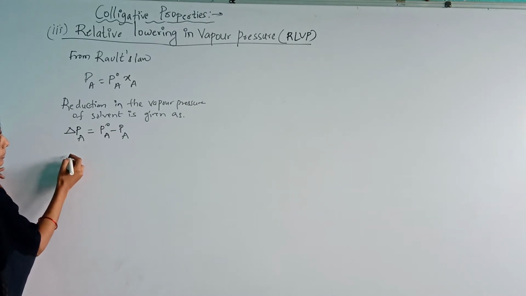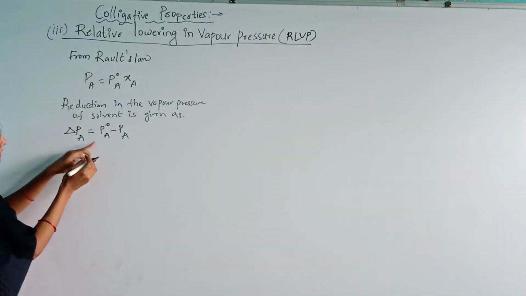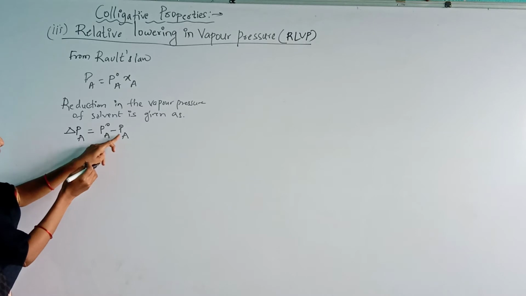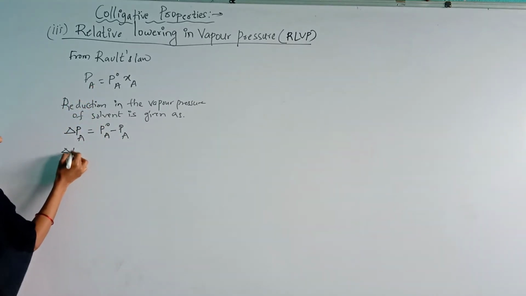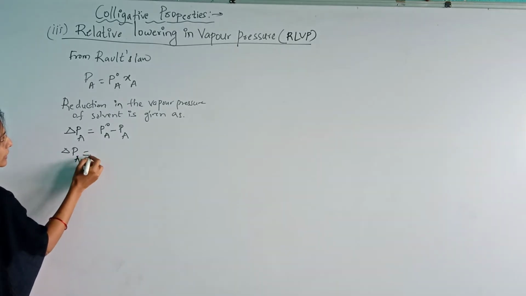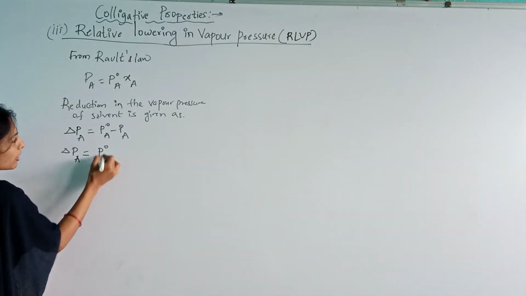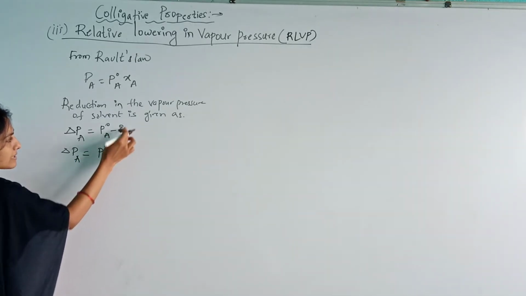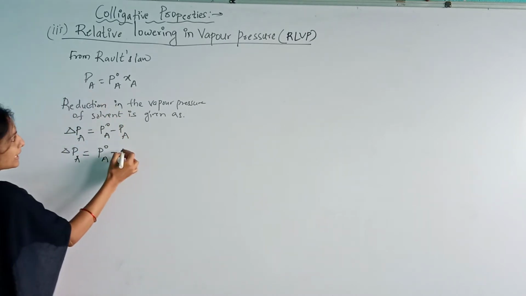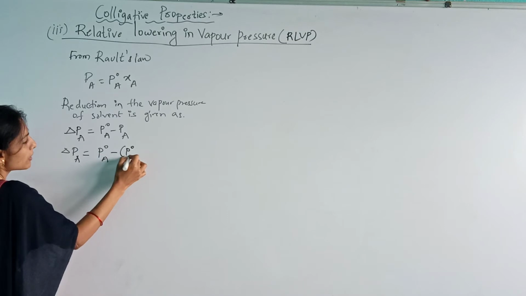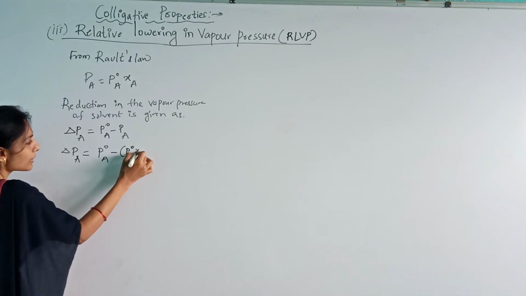Now we just substitute the value of PA from Raoult's law. Delta PA = P naught A minus PA, and from Raoult's law PA = P naught A into XA.